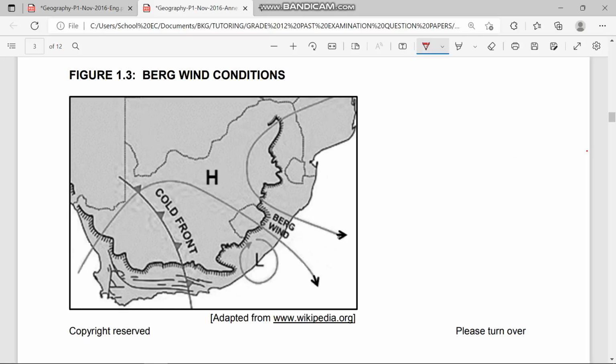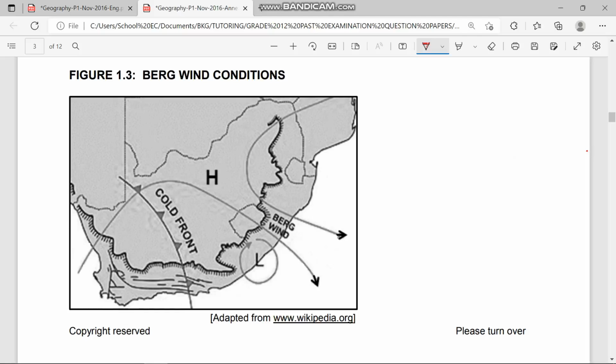The presence of the high pressure cell, which is the Kalahari or the continental high over the interior land of South Africa. You can also say the presence of the coastal low pressure down the coastline, the east side of South Africa, and the approaching cold front, which is a mid-latitude cyclone.